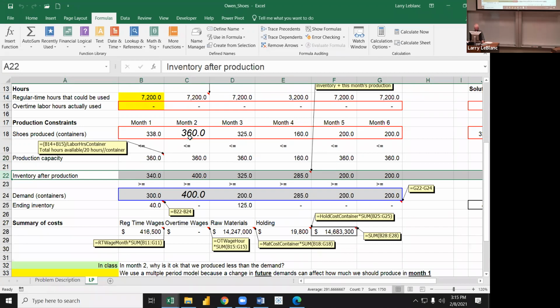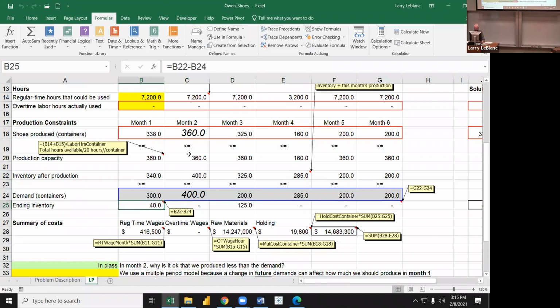In the next month, we produce 360. We need 400, but we start with inventory of 40. 40 plus 360 production is 400, which exactly meets demand. Nothing left over. 360 is produced. 325 is available.